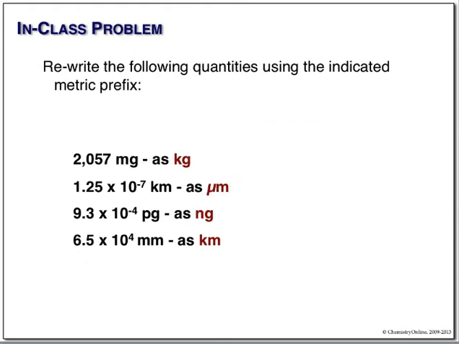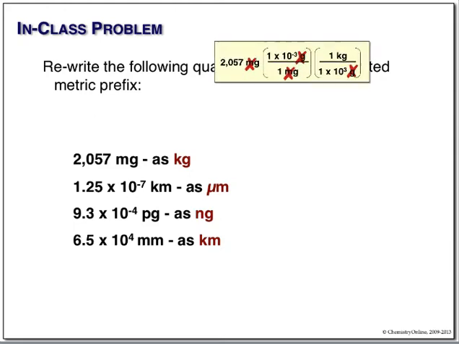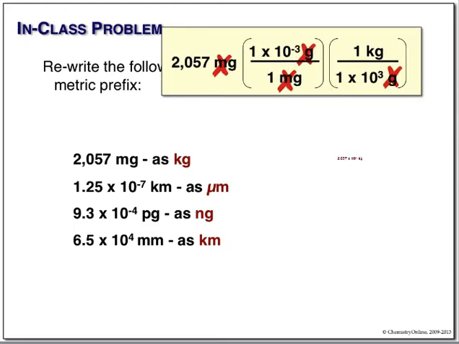Now these require two ratios. Our first one is going to be milligram to gram, and then gram to kilogram. A set that would work looks something like this. For our second, we have kilo to meter and meter to micro.